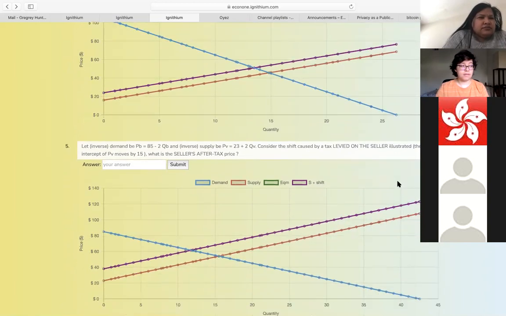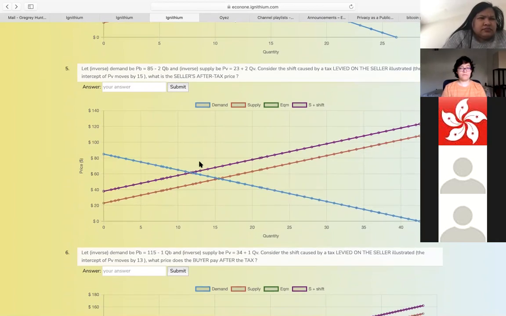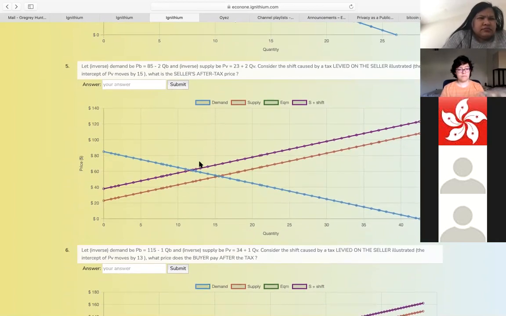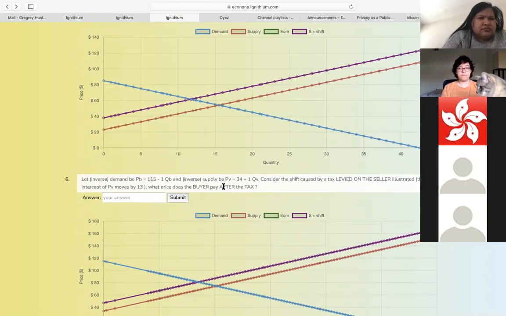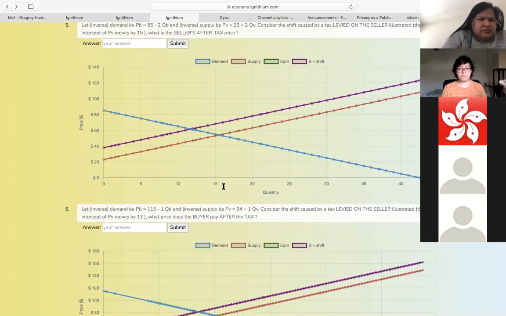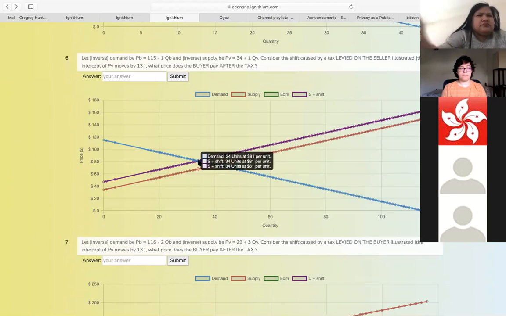Okay. Now here, seller's after tax price. Well, again, based on our illustration, you guys should be able to pick that one out. Anybody have any questions? No. Now the buyer's after tax price is a little bit tricky because here it's all kind of clustered together.